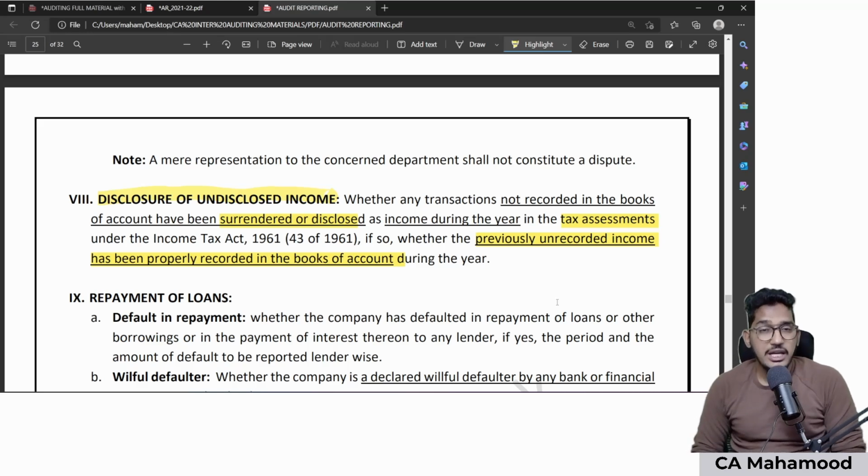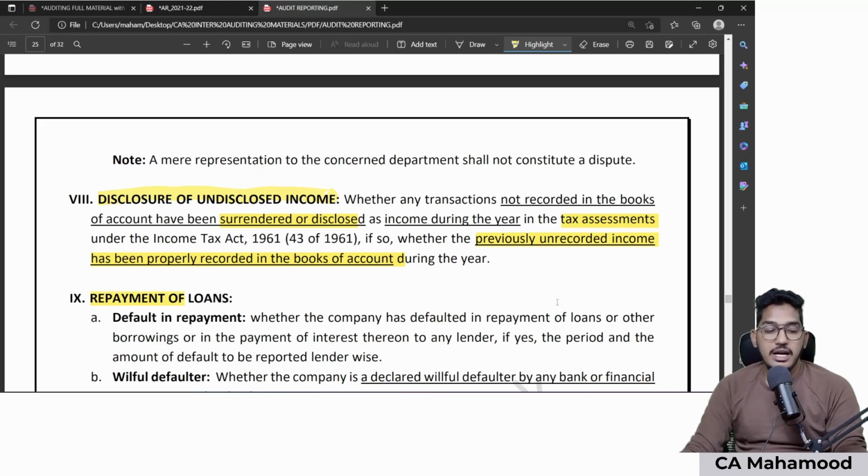That income should now have been brought to the books of accounts also. So I need to check whether that previously unrecorded income which is offered to taxation now has been recorded in the current year's books or not.